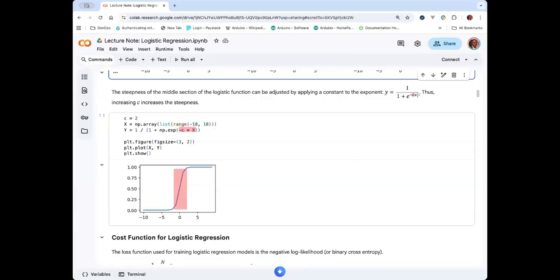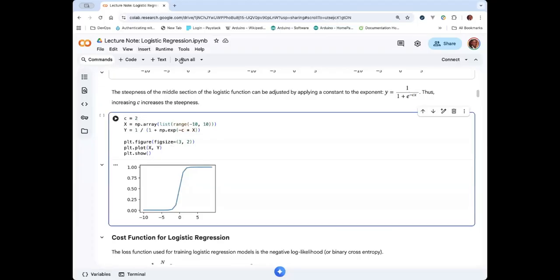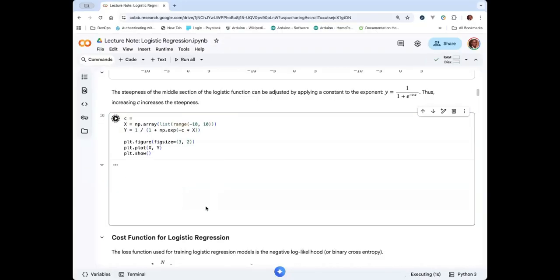The higher that coefficient is, the steeper this part will be. Here we have a value of c equal to 2, and you see it's not that steep. 1 is the same thing as not having the coefficient at all.